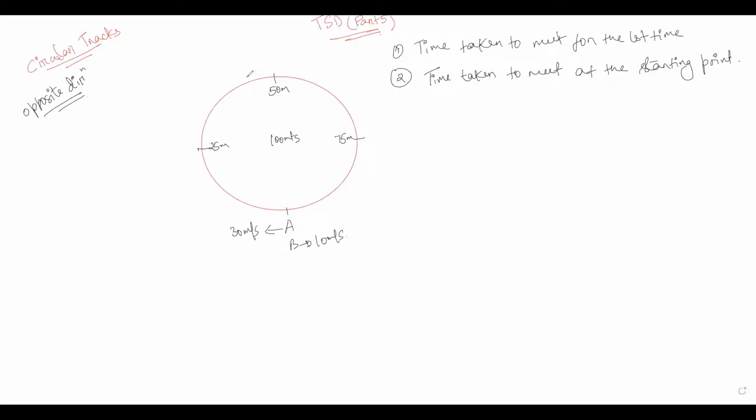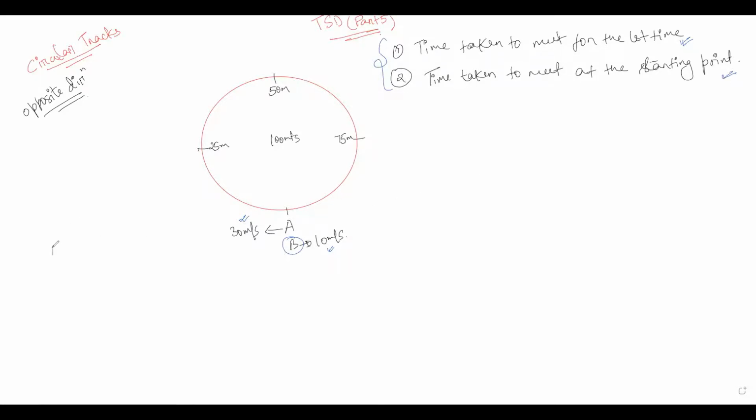So now let us consider the same example, but in this case, let us assume that A is traveling in the clockwise direction and B is traveling in the anti-clockwise direction. A is again traveling with a speed of 30 meters per second and B is traveling with a speed of 10 meters per second. And we are again interested in these two things, that is the time taken to meet for the first time and the time taken to meet at the starting point for the first time.